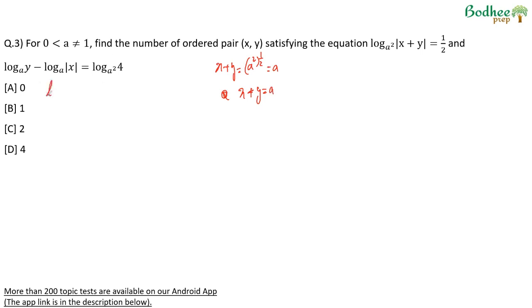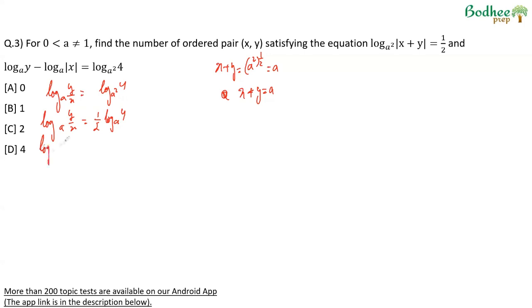From here we can write log of a minus log of b is log of a by b. So log of y by x to the base a is equal to log of 4 to the base a square. This becomes log of y by x to the base a is equal to 1 by 2 log of 4 to the base a. The power of the base comes forward.